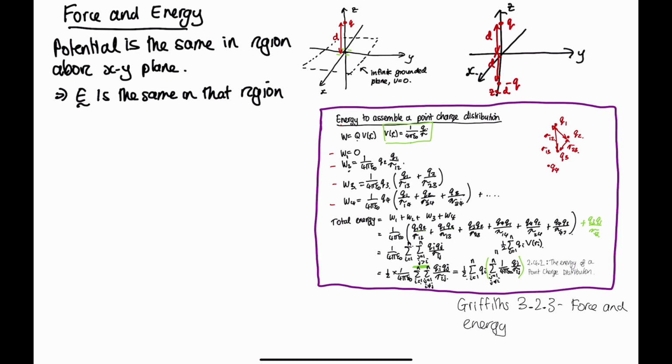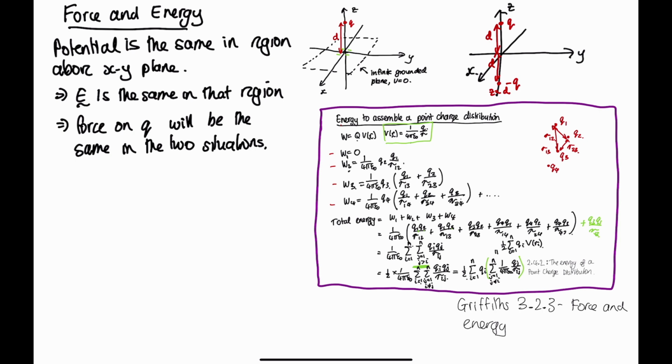And because the electric field is the same, and we know that electric field is related to force per unit charge, it tells us that the force on Q, so that's talking about this charge up here, will be the same in the two situations. So this gives us an easier way to calculate the force on Q in this situation.